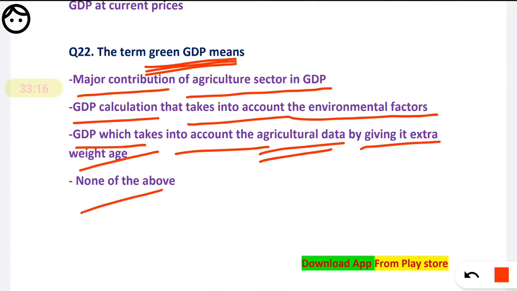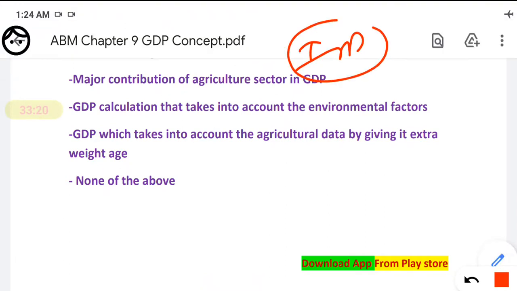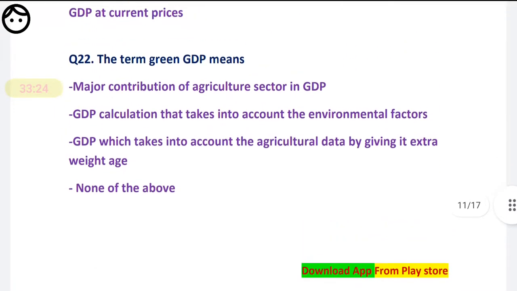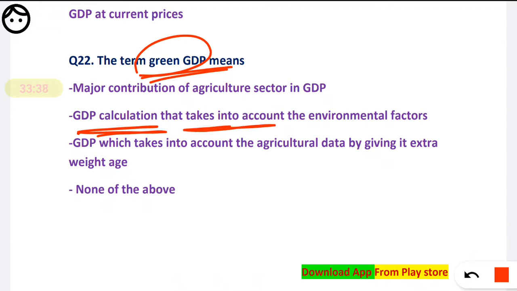So friends, remember, here it is a very important question. Recently green GDP has gained much more importance while calculating the GDP, because some developed countries are ignoring the green GDP. That's why the IMF has given some guidelines regarding green GDP. So green GDP is nothing but the GDP calculation that takes into account the environmental factors.